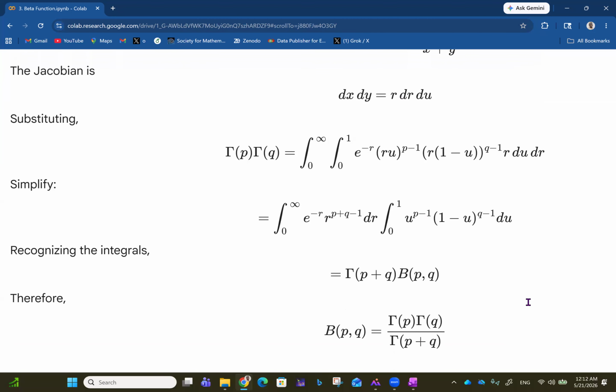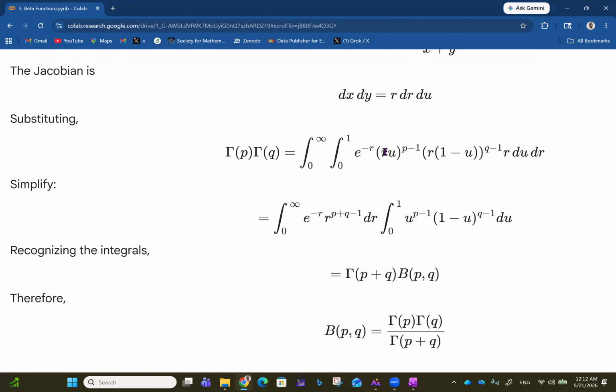And then from there you try to tidy things up. So you have the integral from 0 to infinity of e raised to the power minus r alone. You have r raised to the power p minus 1, and you have another r raised to the power q minus 1, with this other r here.